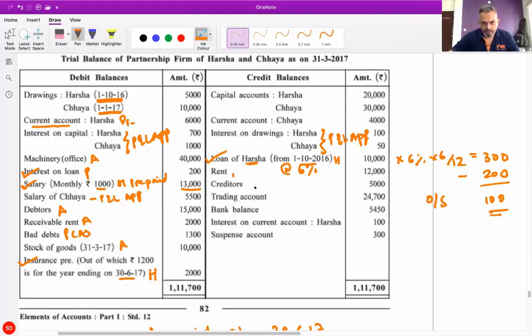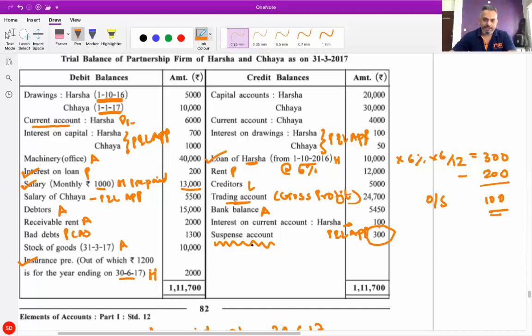Okay. Now rent. So profit and loss, creditors, liability, trading account already given. So it's your gross profit. Bank balance, asset, interest on current account, again P&L appropriation. And here we have a very interesting account known as suspense account, 300.